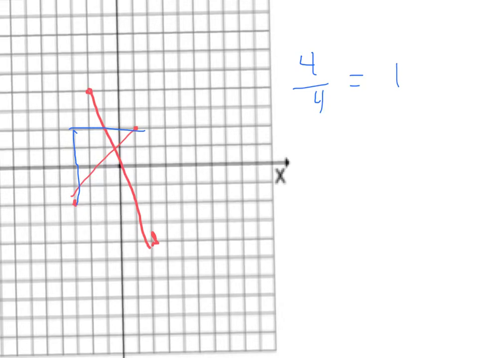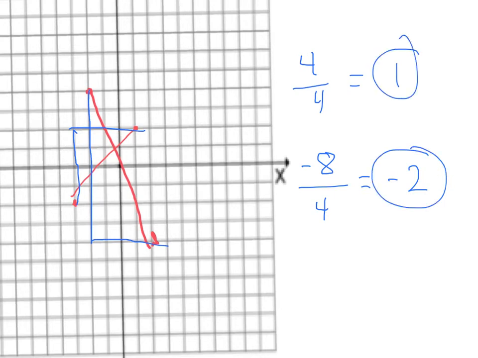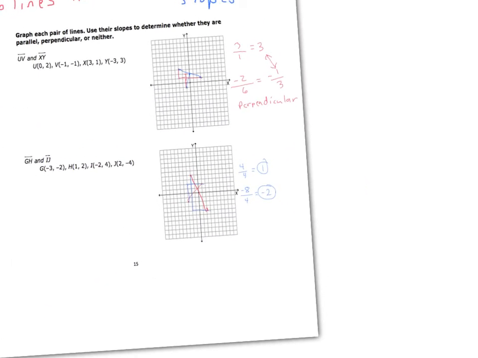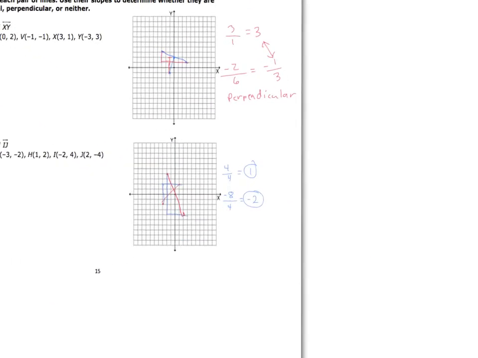In our second one, you're going to have a rise of -8 and a run of 4. Okay, so -8 divided by 4 gives you -2. Well, you'll see that one slope is 1, the other slope is -2. They're not the same and they're not opposite reciprocals. So these slopes have neither.